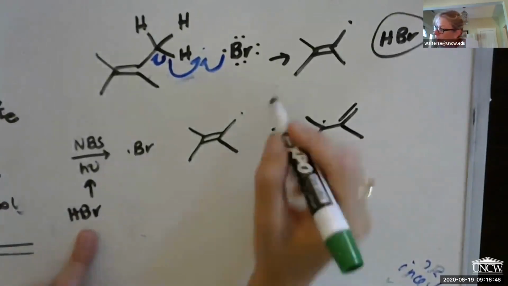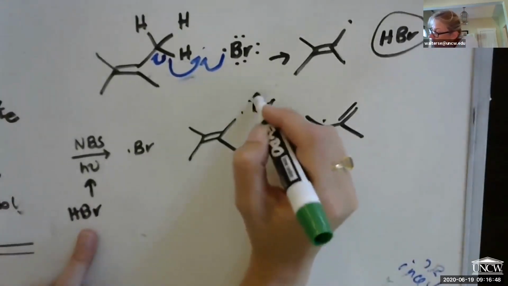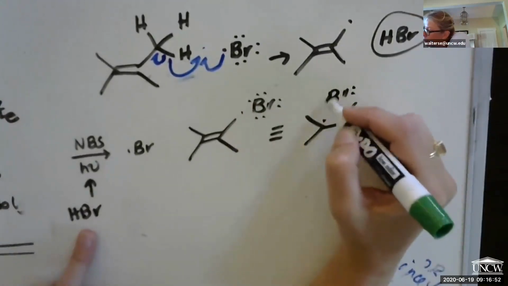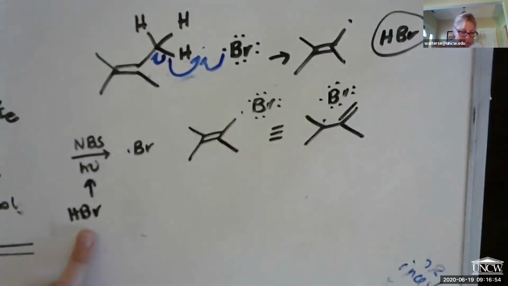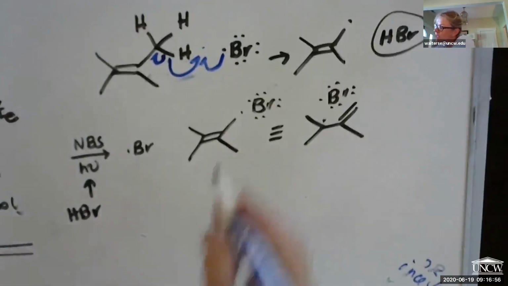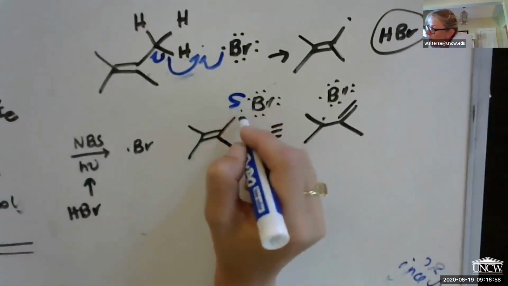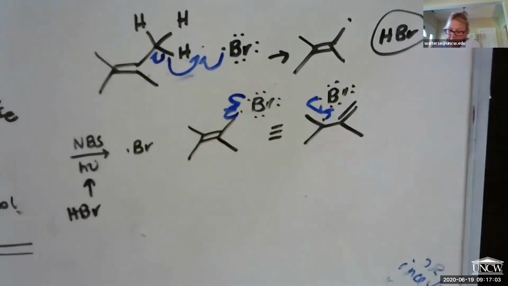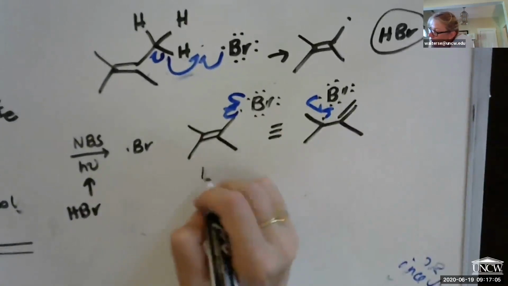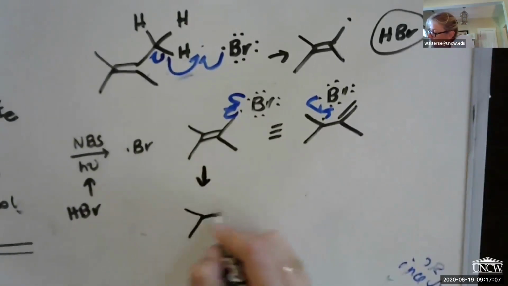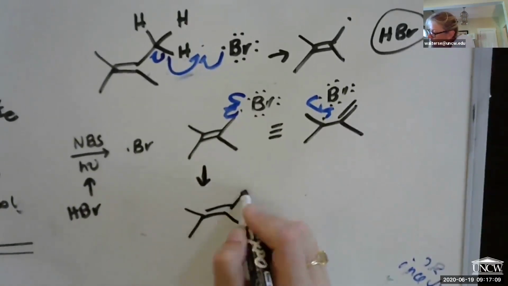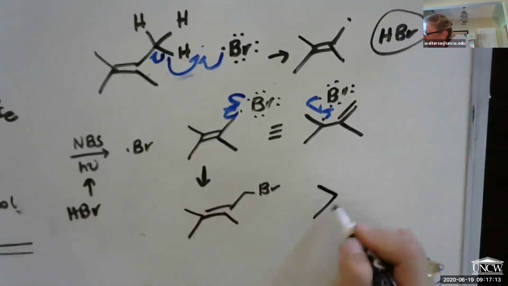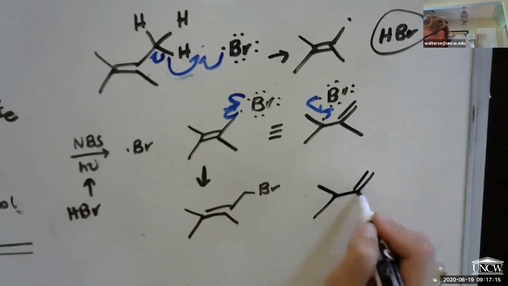NBS is going to be continually kicking out radicals, and you're going to end up with a product like this from one resonance structure, and this.